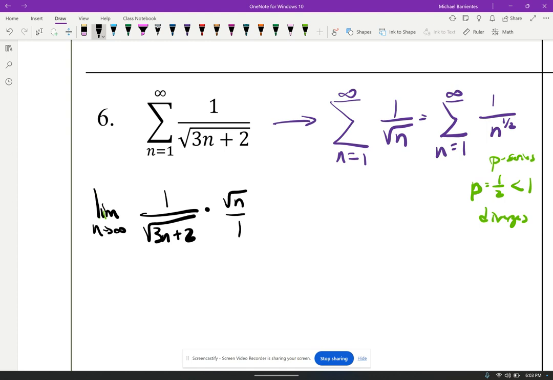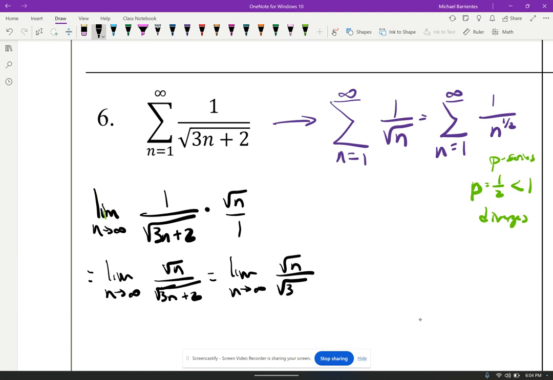Well, this equals the limit of the square root of n over the square root of 3n plus 2, and all of that is inside the square root. However, we know that the plus 2 is going to become insignificant as n goes to infinity. So we can say this is really the square root of n over the square root of 3n.